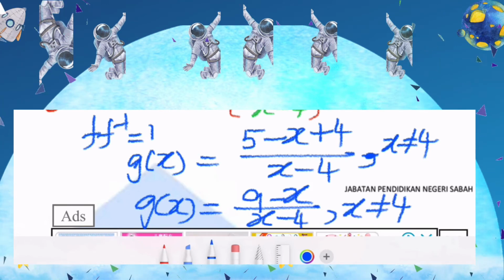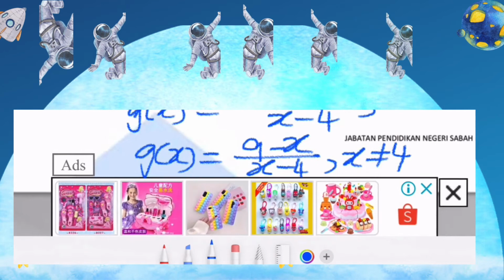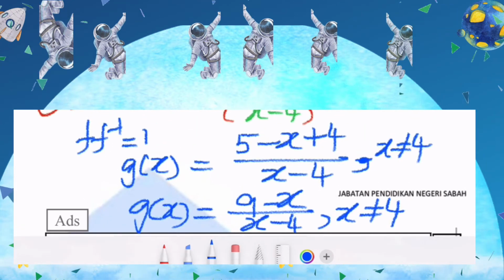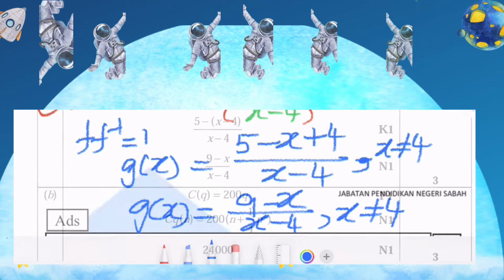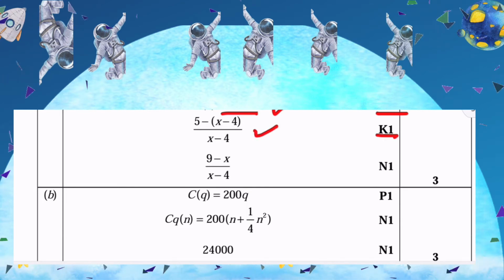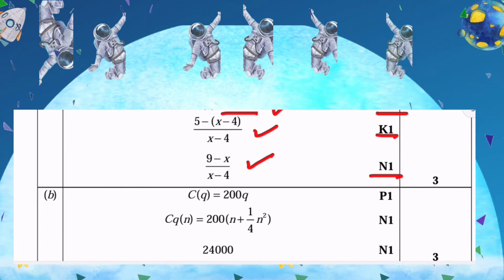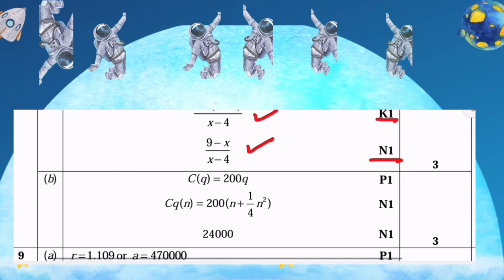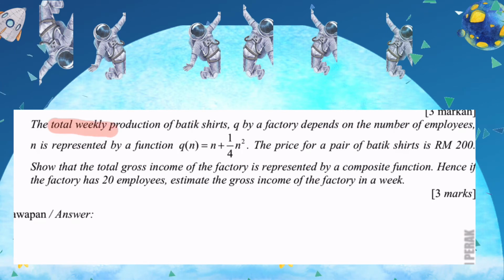And x cannot be equal to 4 because if x equal to 4, the function cannot function. Right, it's not valid. So how are the marks allocated? When you find the inverse function, when you substitute the inverse function, and when you simplify, you will get full marks. Let's move on to part B.